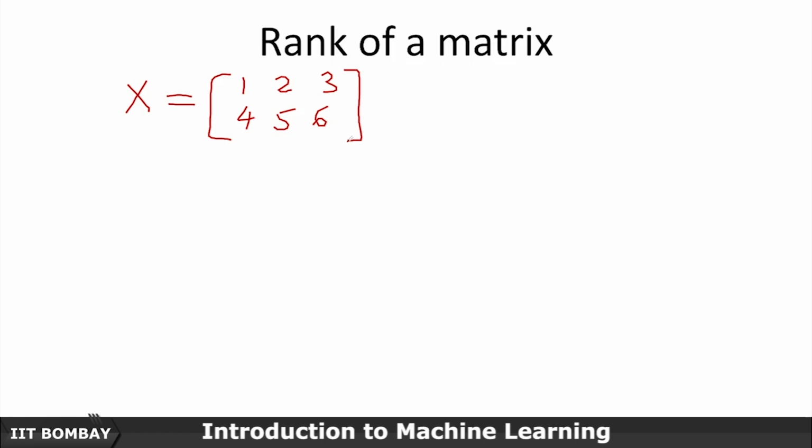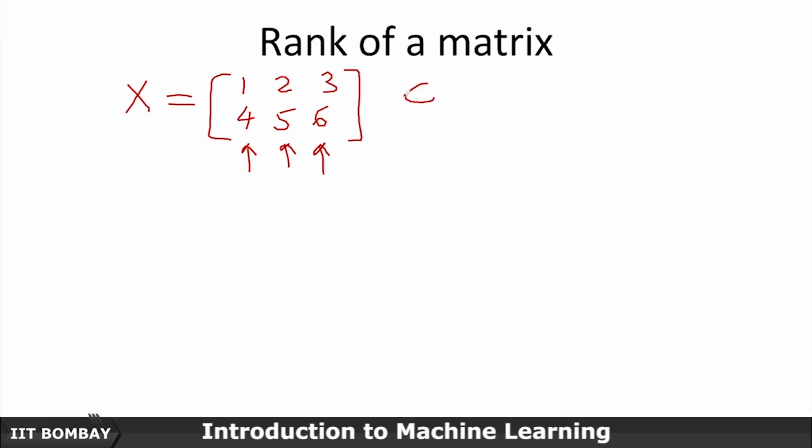So, now what we can see is that this third column can always be represented as some linear combination of column 1 and column 2. Okay. So, I can take alpha 1 times column 1 plus alpha 2 times column 2. I just need to determine what is alpha 1 and alpha 2, and I will get column 3. So, which means that the third column is not independent of the other two columns.